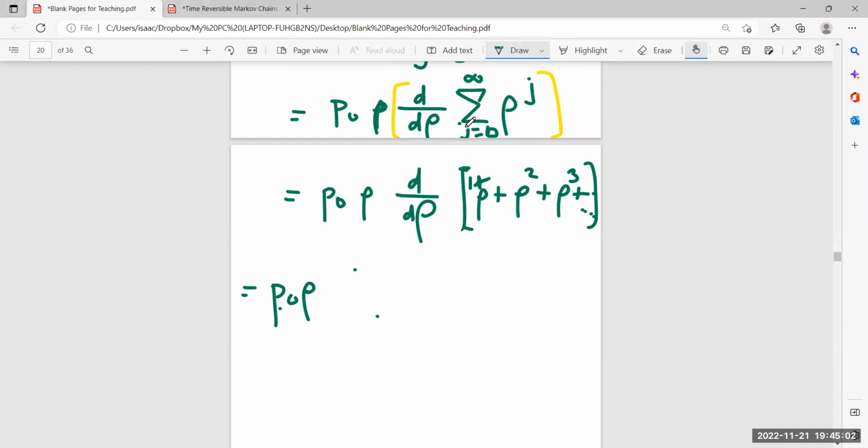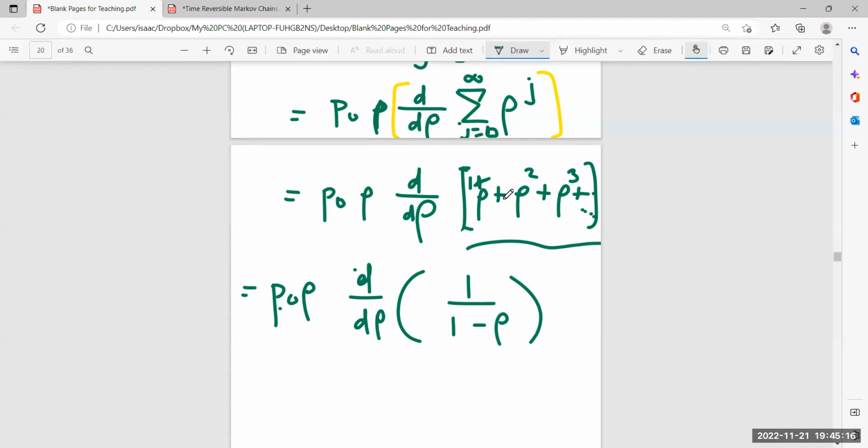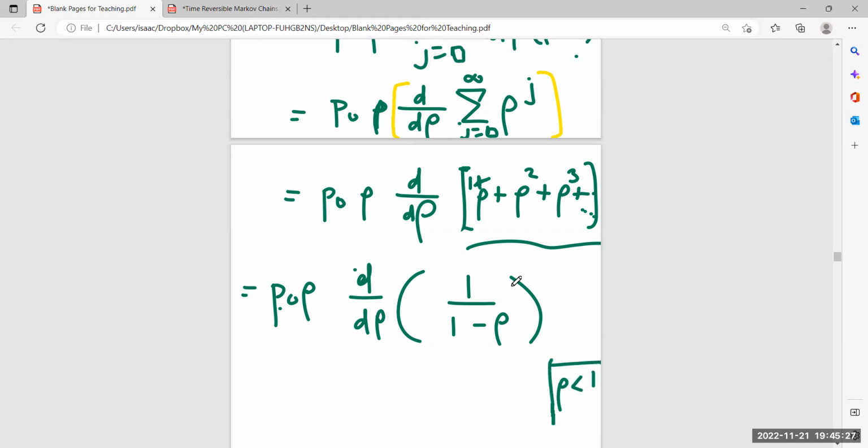So this would be d rho. Now what is this? This here is the sum of an infinite series. The first term is 1, and the second term is rho, so the geometric ratio is rho, and rho is less than 1. So we could express it like this and then differentiate it.